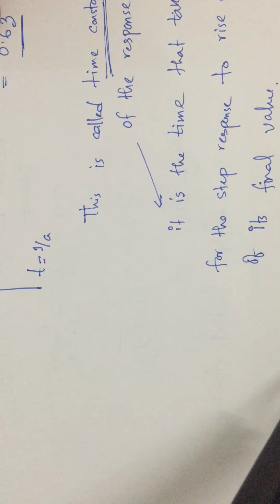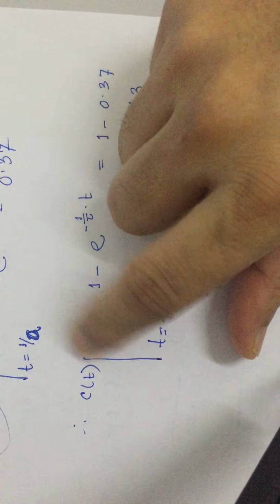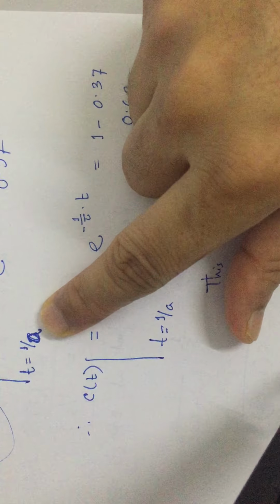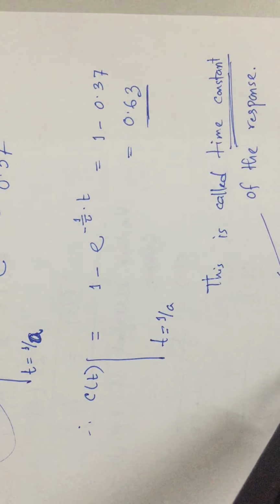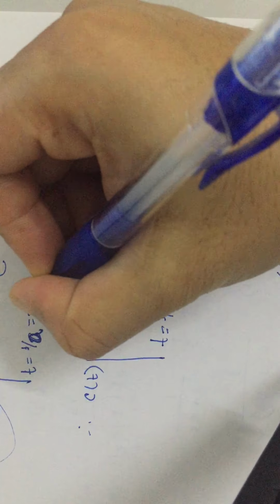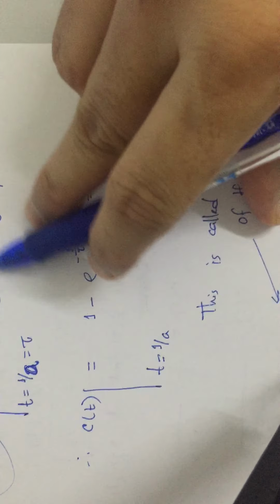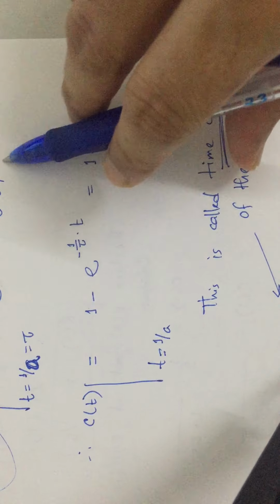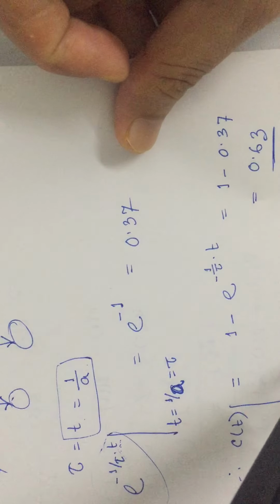For the time constant, in order to find it, you place t equals 1 over a, and then we get e to the power of -1. Or you can also place t equals tau, it doesn't matter, because as I said, they are reciprocals of each other. So e to the power of -1, you will get 0.37.